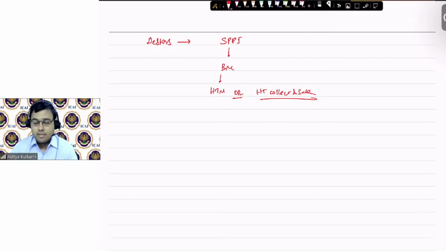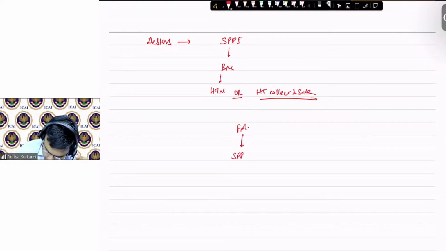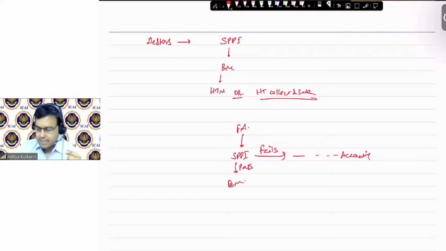In the business model, there is no pass or fail. See, if it is a financial asset, you will perform the SPPI test. If the SPPI test fails, then there is some accounting prescribed. If the SPPI test passes, you will do the business model test.